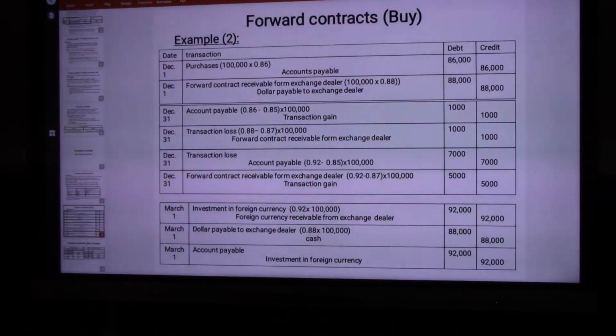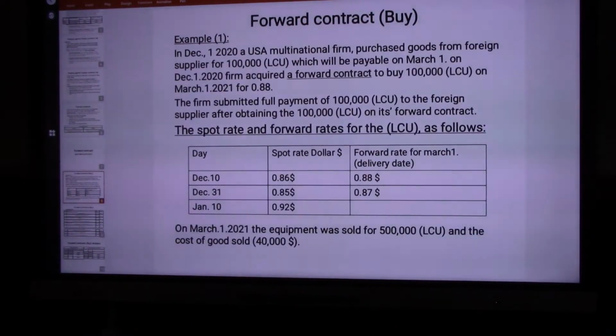The journal entry will be: I'm going to receive cash, but instead of recording cash I will call it investment in foreign currency. Instead of recording cash, I remove the forward currency receivable from exchange dealer and put investment in foreign currency. How much will the dealer pay me? By the actual rate now, which is 0.92.